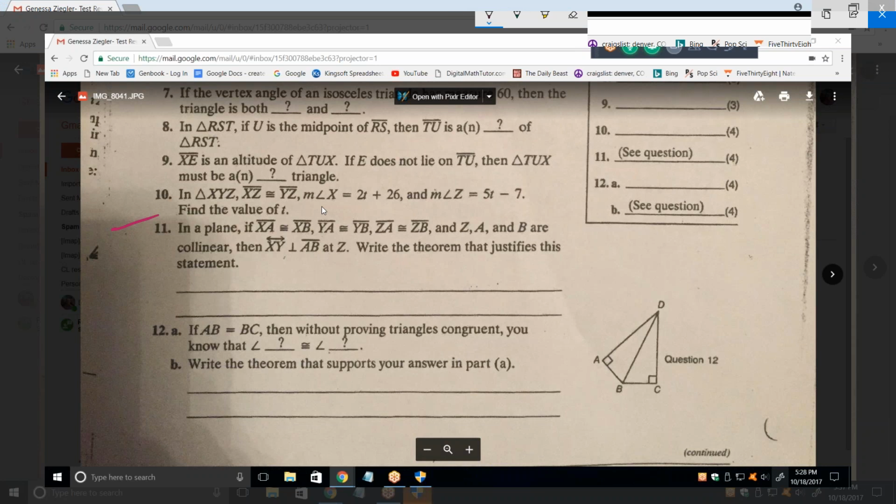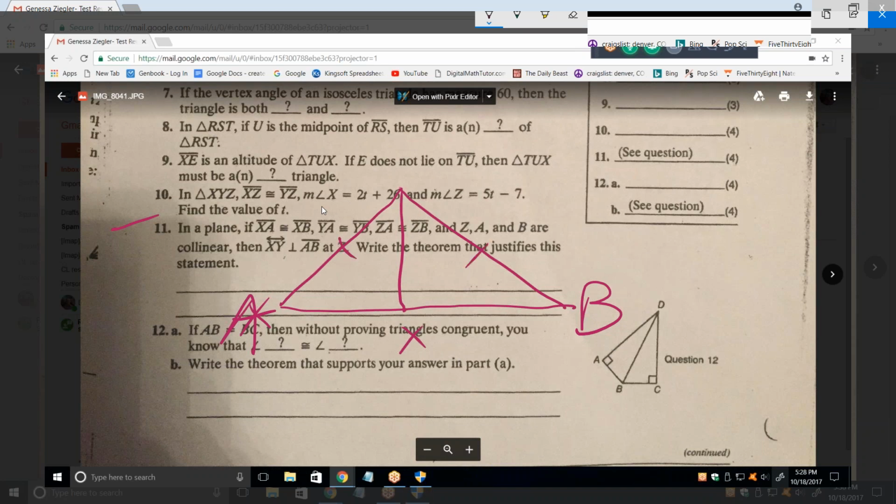All right, let's see if I can draw these lines here. I think this is the situation. This is X. No, that's X. That's A. That's B. And YA is congruent to YB.